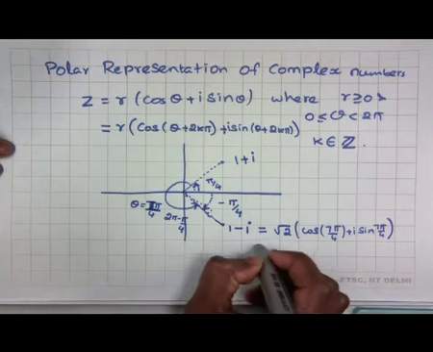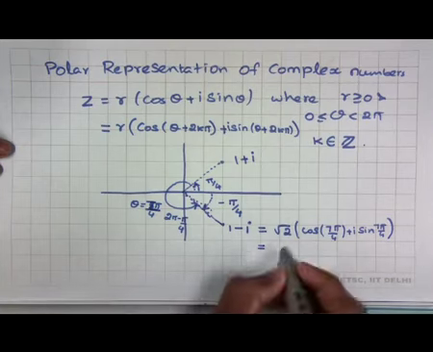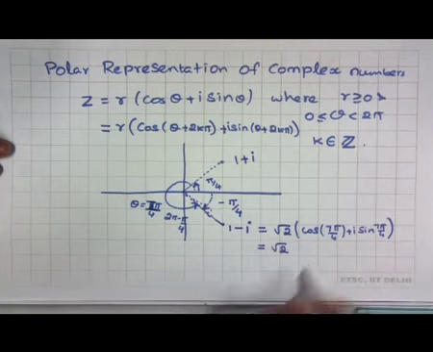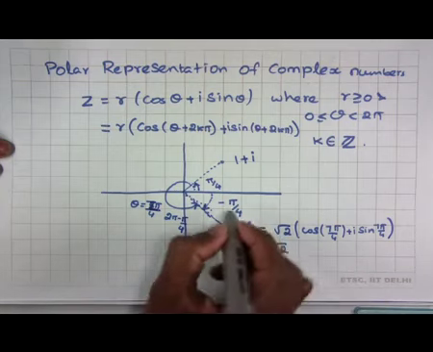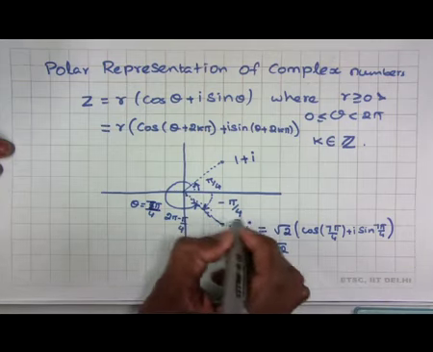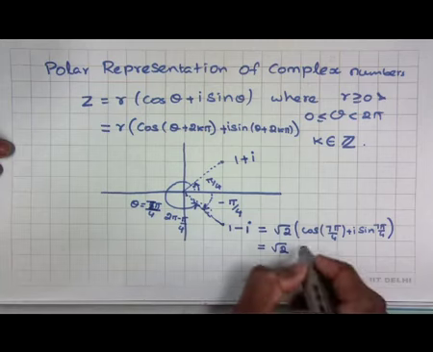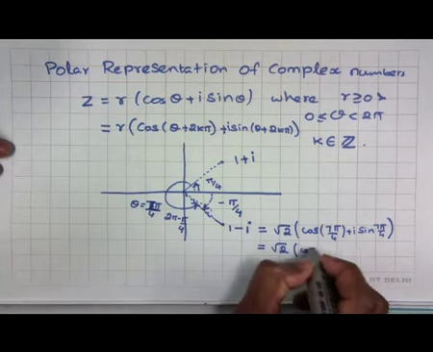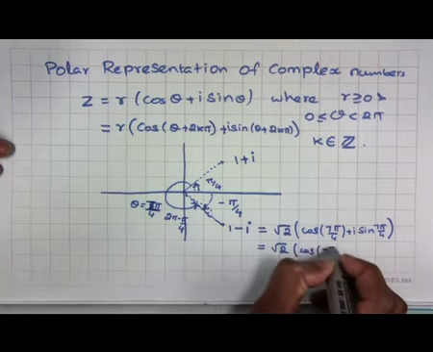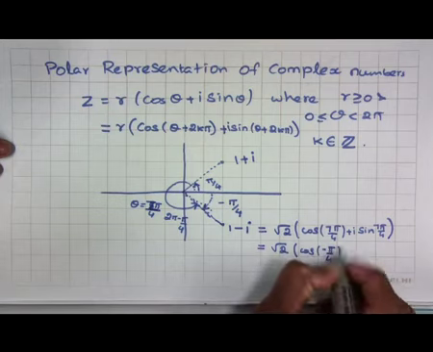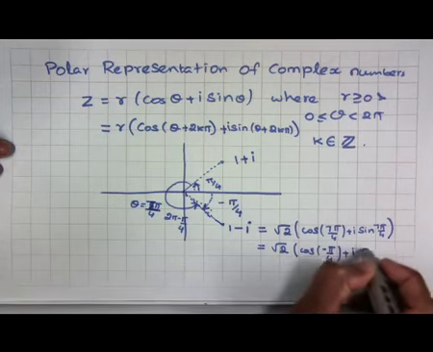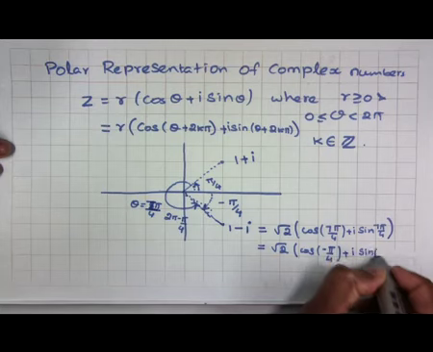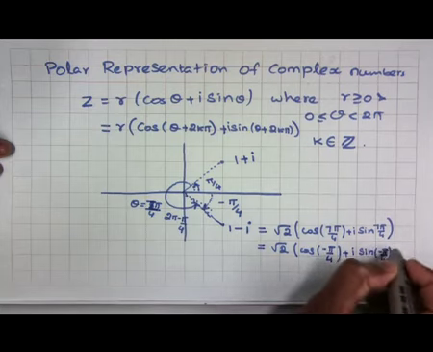We can also verify that this is the same as, with respect to theta equal to minus pi by 4, that is cos of minus pi by 4 plus i times sine of minus pi by 4.